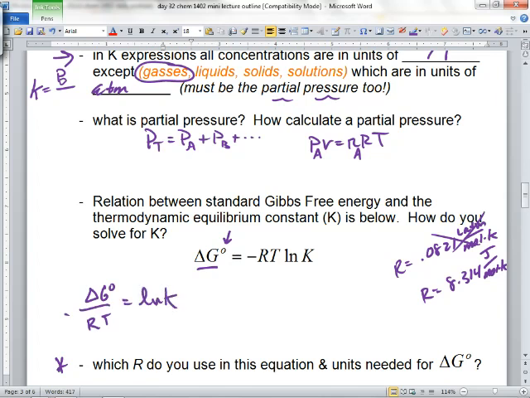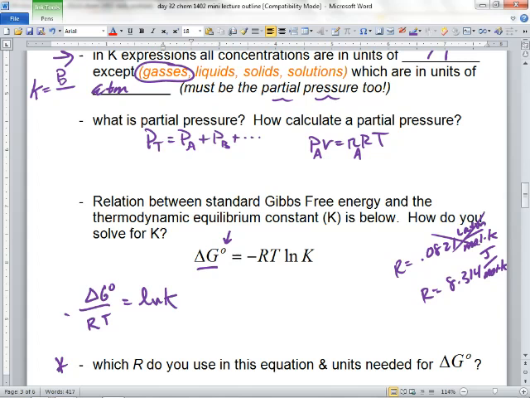Before, we had an equation with log in it, and we got rid of it by raising both sides to the 10 power. Now we have ln, so raise both sides to e.